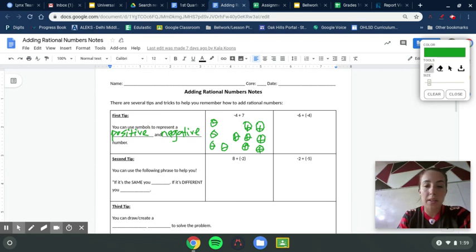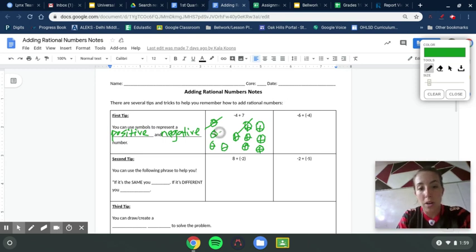And then with that being said, you can go ahead and create your additive inverses, and we practiced that yesterday. So an additive inverse is when you add the same amount of a negative and a positive together to create a 0 or a 0 pair. So one negative and one positive create an additive inverse, and they would cancel out and create that 0 pair.